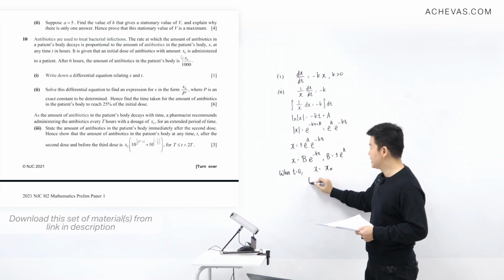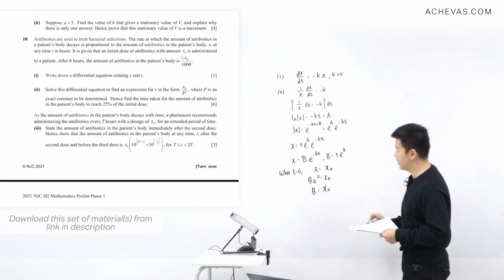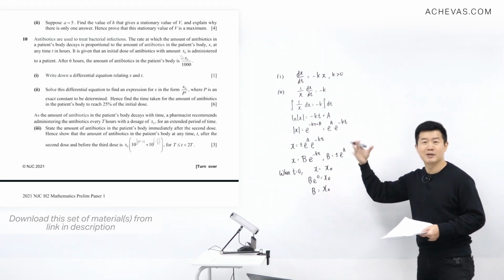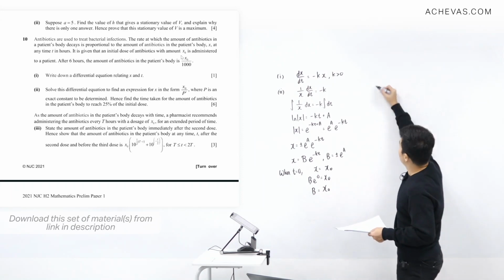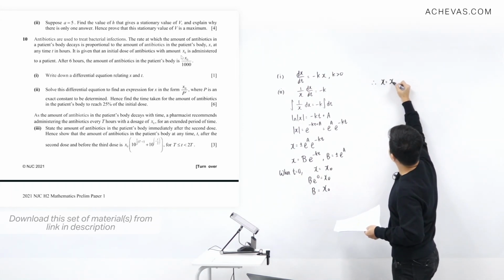So that means b e to the power of 0 is x0. This is going to be 1. So b is going to be equal to x0 or x naught. Why am I always calling this h? It's probably influenced by the previous question. But anyway, this. So therefore, we know that this x here is x naught e to the power of negative kt.